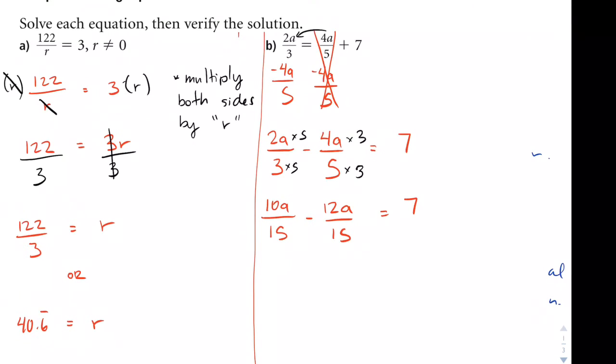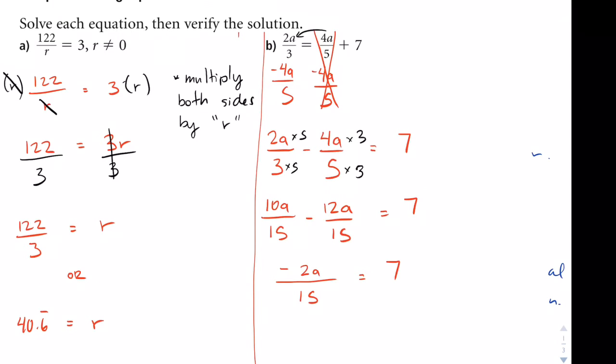So that's what I have. Now you just got to subtract the numerators. So 10a minus 12a is negative 2a. Make my a little smaller. Negative 2a over 15, which is equal to 7.